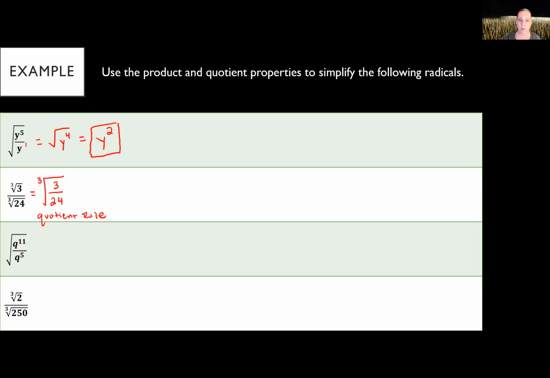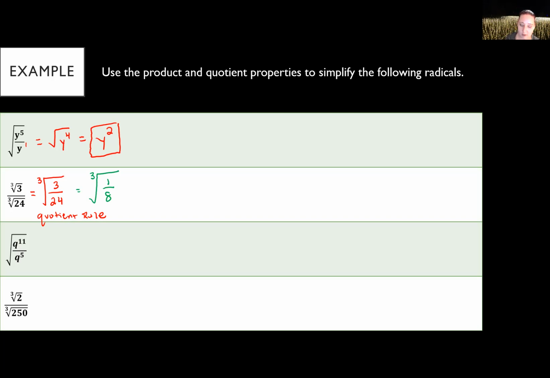So now I have 3 over 24, and I can reduce that fraction by dividing the top and the bottom by 3. So this gives me the cubed root of 1 over 8. Now that I've simplified that radical, I use the quotient rule again to split it up.